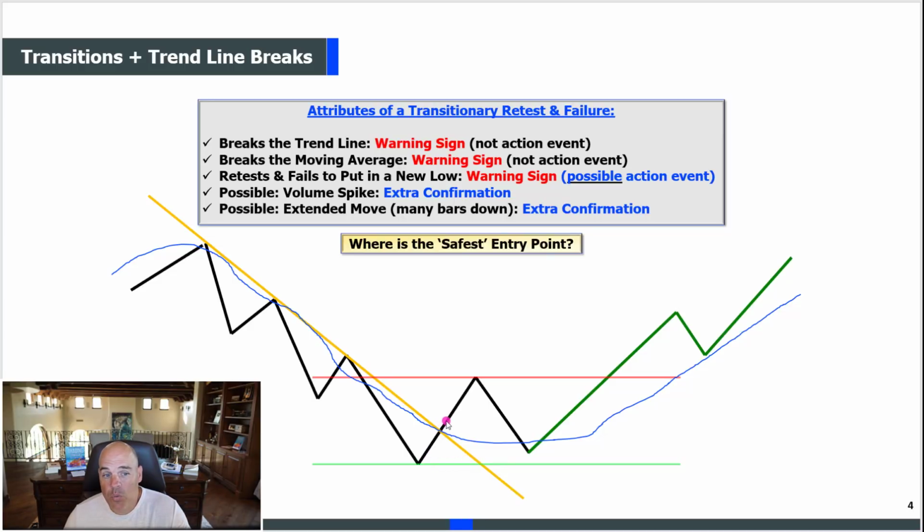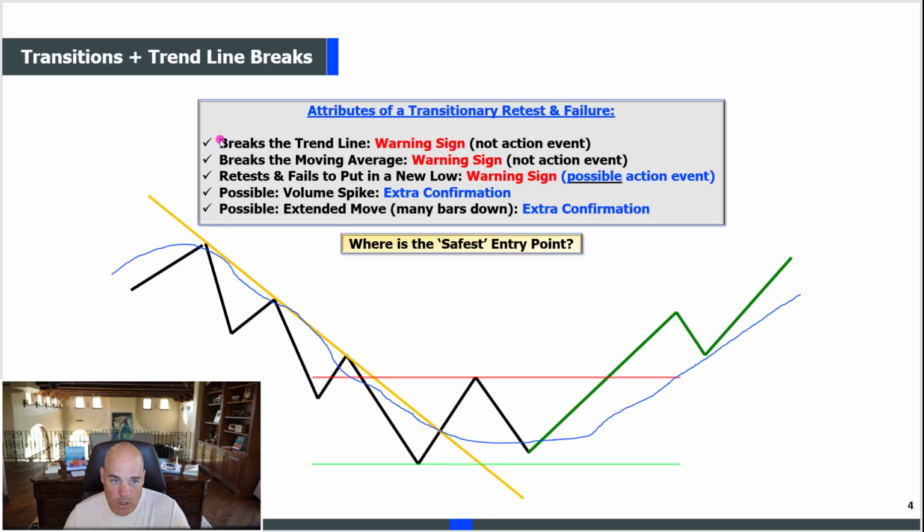That's the first warning sign, the first indication. Notice it says not an action event. This is your first warning sign that perhaps the downtrend is ending. We don't know this yet, but this is your first sign that maybe the downtrend's ending, maybe momentum is slowing down. You'll also notice in here there is a moving average. You'll note that it's not just breaking the trend line, it's also breaking above the moving average.